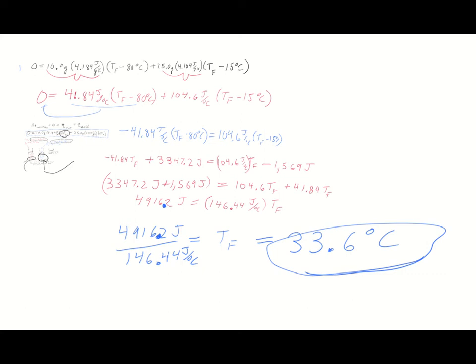So that's a simple but long way, it took us close to 15 minutes to work that problem, that we can use the law of conservation of energy and specific heat. If you think about it, what we did is really simple. It just took a lot of time to churn through that algebra.